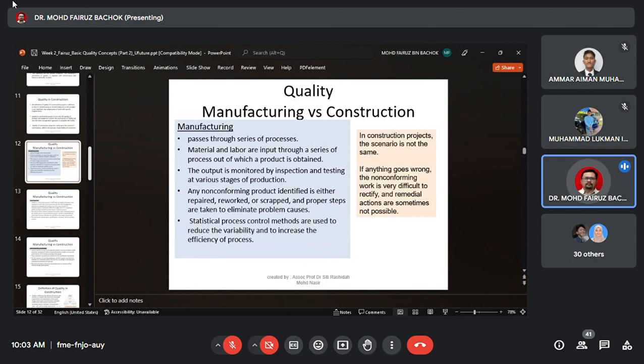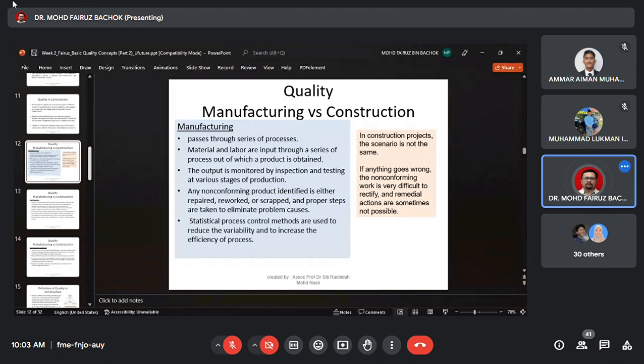Number three, the output is monitored by inspection and testing at various stages of the production. So you have a standard of inspection and a standard of testing from stage to stage, from process to process. Then any non-conforming product identified is either repaired, reworked, or scrapped, and steps are taken to eliminate the problem.